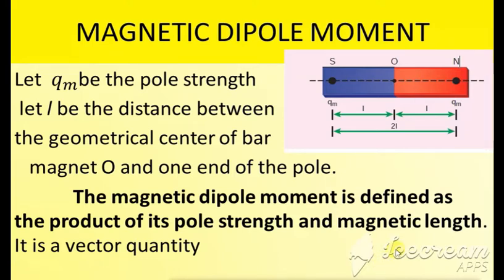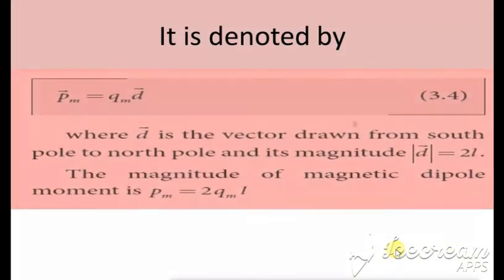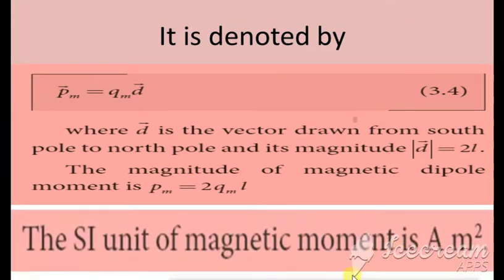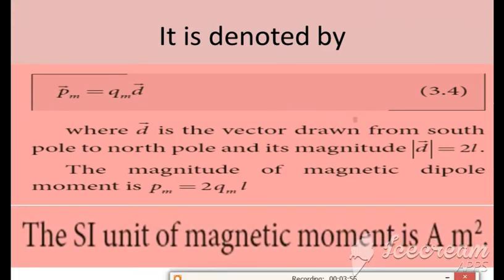Next we'll write the equation for the magnetic dipole moment. It is denoted by Pm. Pm is equal to Qm into D, where D denotes the value of 2L. I told you already that we write the product of the magnetic pole strength and the distance.